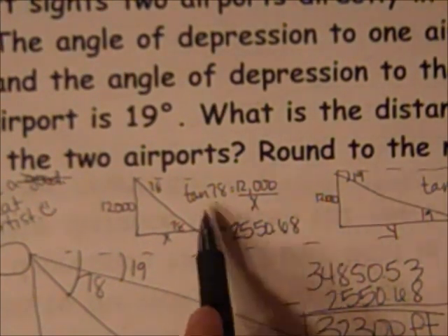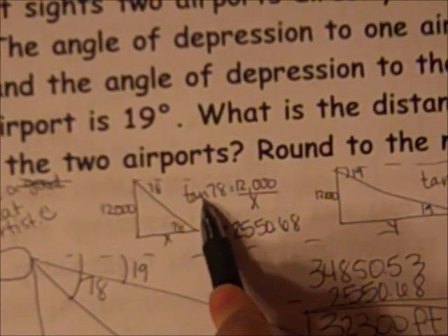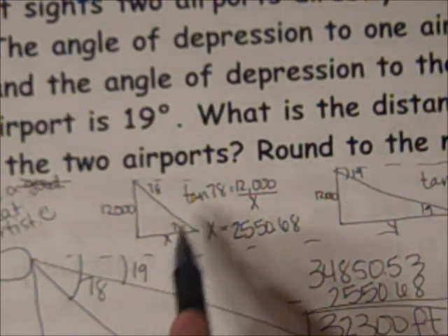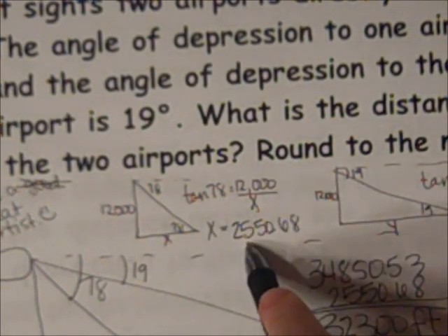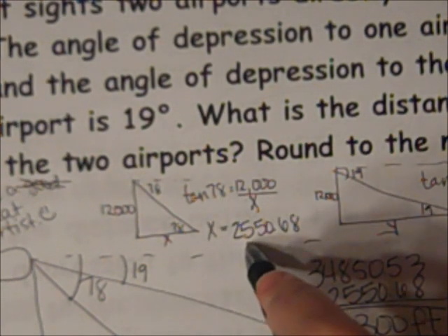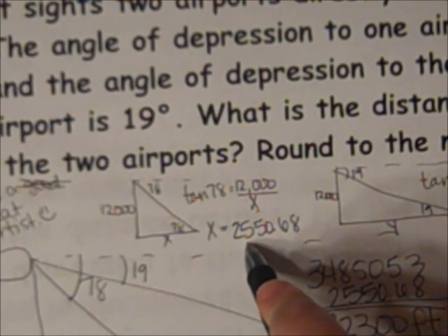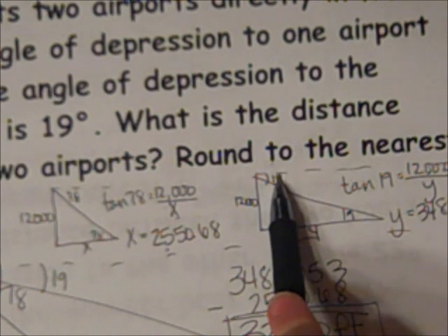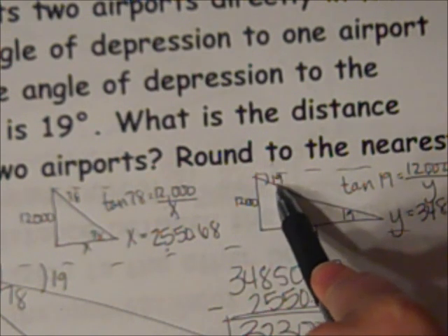So for the closer airport, I did tangent of 78 equals 12,000 over x. Switch and divide, and you get the closer airport is about 2,500 feet away. Same story for the other one, except for the angle of depression is 19 degrees.